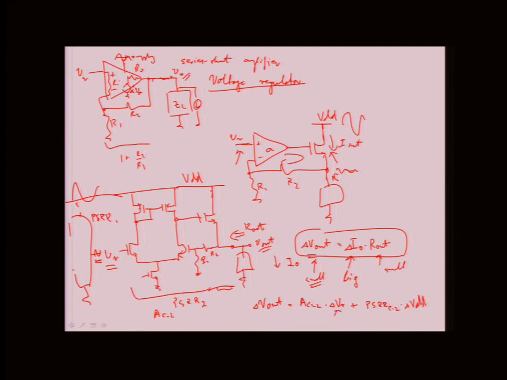But then this delta VR would also be the power supply rejection ratio of the reference times delta VDD. So depending on what the relative ratio of supply rejections are, one or the other will be important, but usually because you do have some loop gain here, or some closed loop gain in the amplifier, this piece is going to be more critical. So you really have to pay attention to what's happening in the reference for the line regulation.